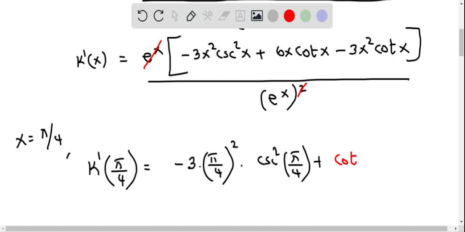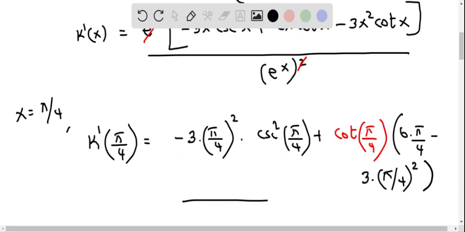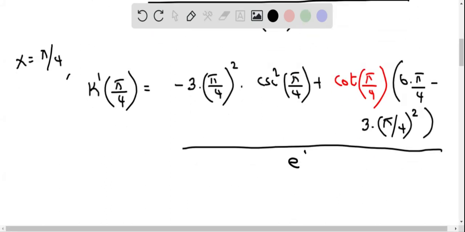So I write cotangent of, I can replace this x by pi by 4. Then when we factor the cotangent of x, we will be left with 6x, which is 6 times pi by 4 minus 3x squared. So replace x by pi by 4. So it becomes 3 times pi by 4 quantity squared. And this should be all over e raised to the power of, replace x by pi by 4. So it is e power pi by 4.